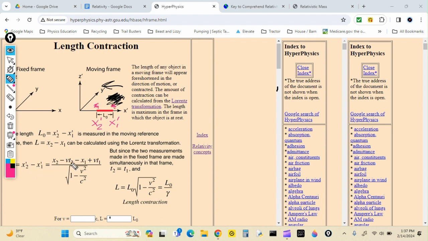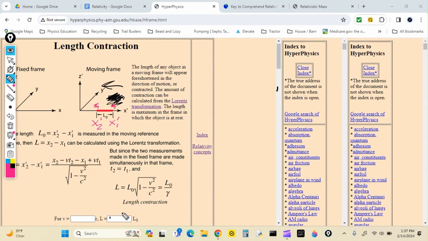If we look at this, then we say x2 minus vt2 and plus vt1. So why are we doing that? Well, that's because the times for this moving thing are not the same as the times in the stationary object.